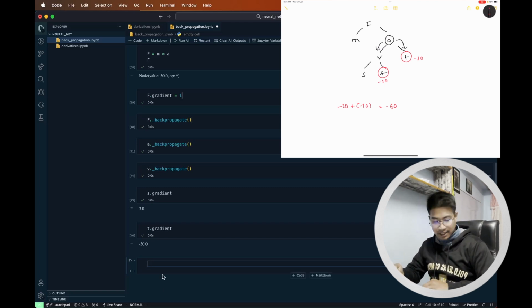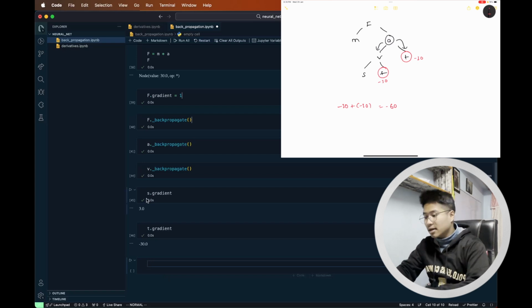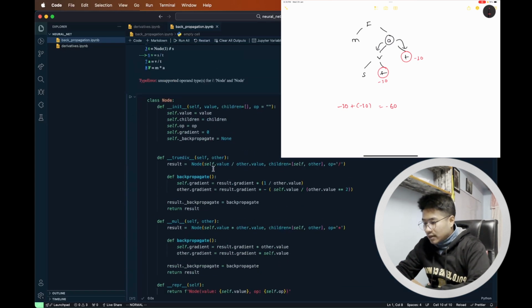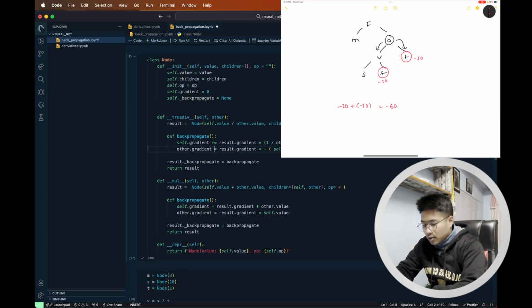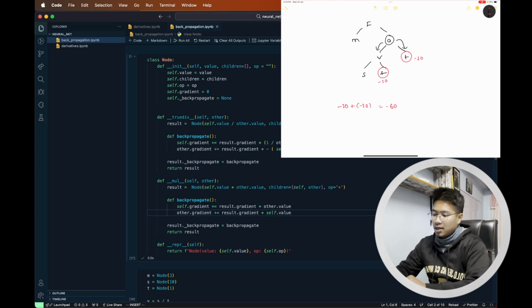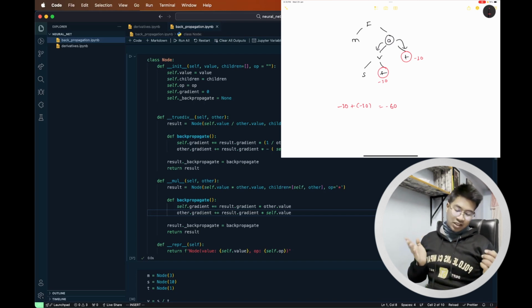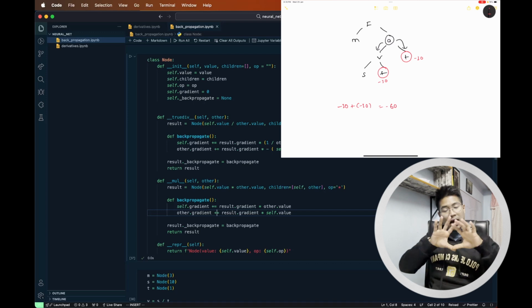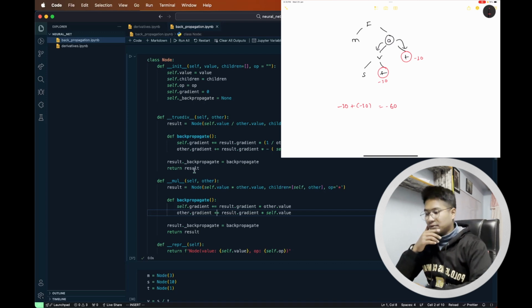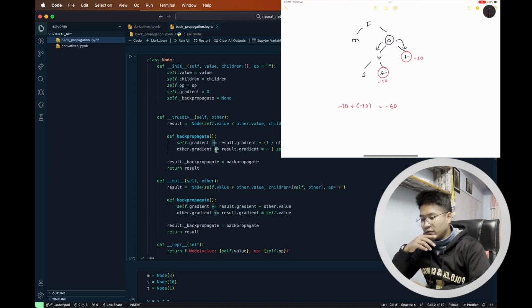The way we do that is, as I just said, we add it. So whenever my node computes a gradient, it should be plus equal. So I'm going to do a plus equal over here and over here as well. This is for every single variable in our tree structure, which is why I'm adding a plus equals here and here as well.